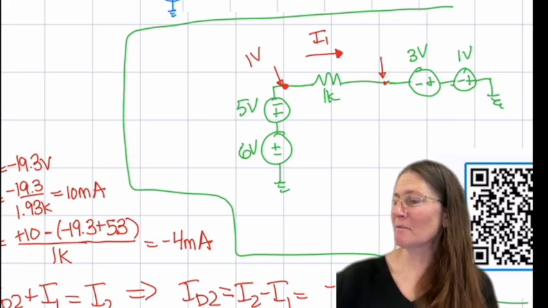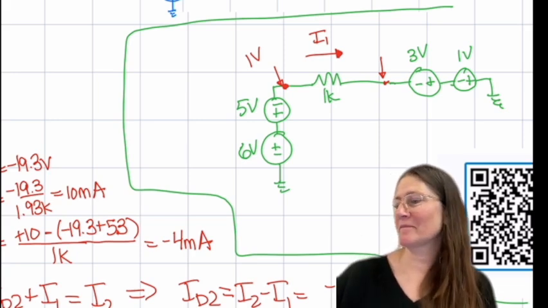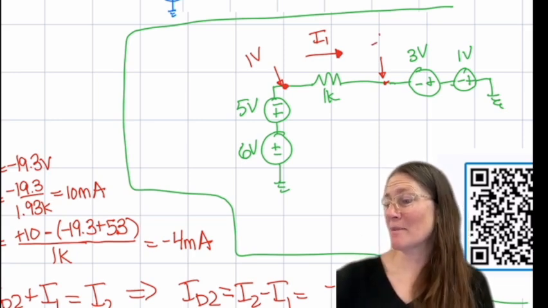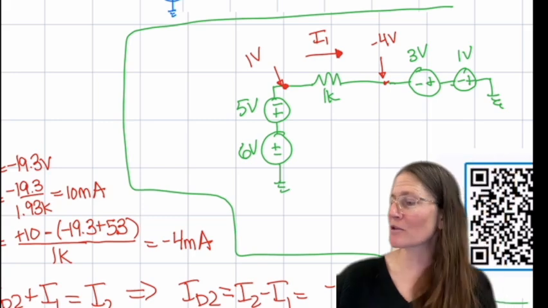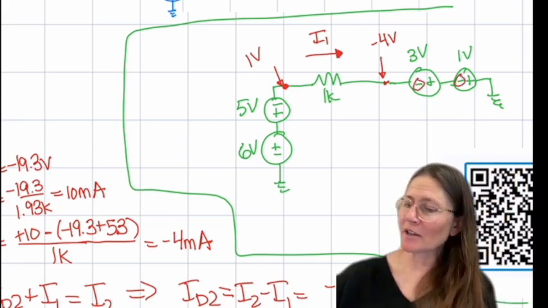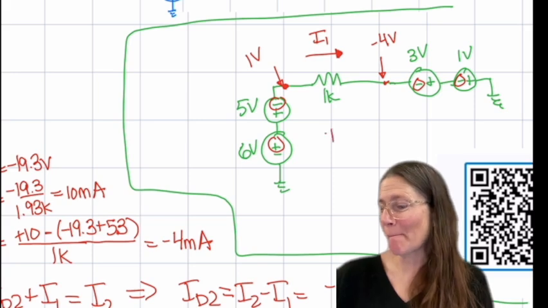Voltage at this side. Correct, minus 4 volts. So you're comparing everything from ground. This would be adding these away from ground, and this one is those. So I1 is going to be what?